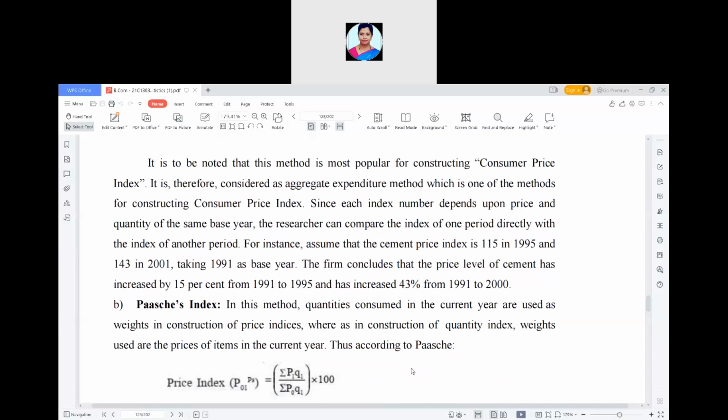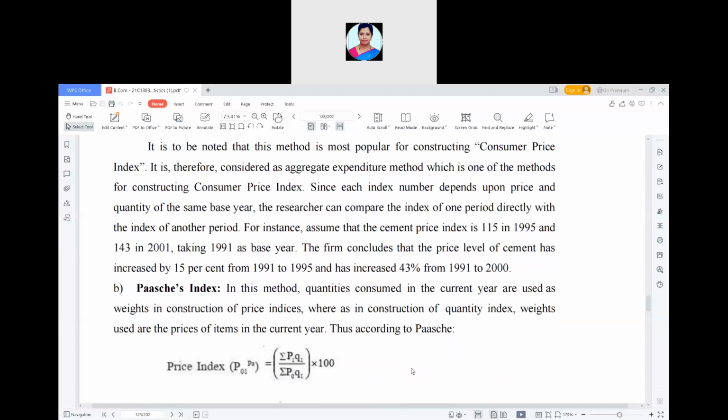According to Paasche, the price index P01 equals summation P1 Q1 by summation P0 Q1 into 100. Usually the price index is calculated by summation P1 by summation P0, so here we take the quantity for the current year: we multiply and divide the numerator and denominator by Q1.